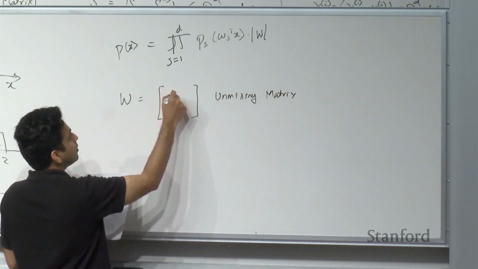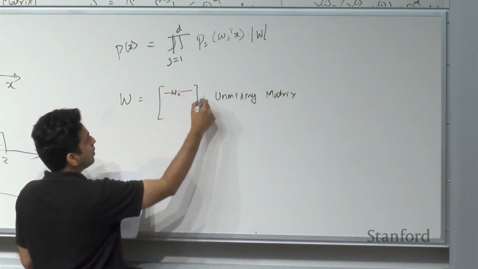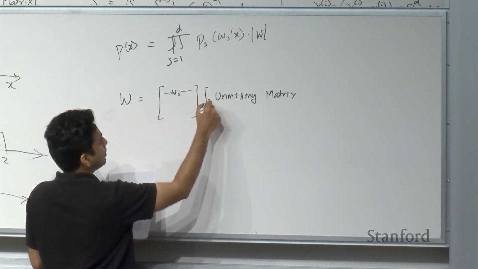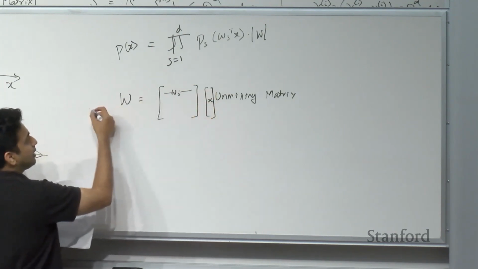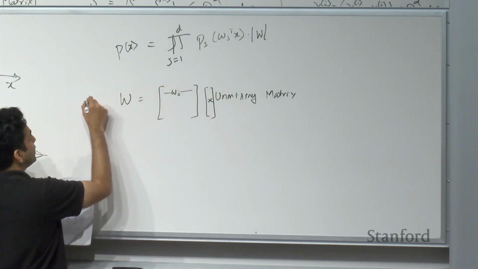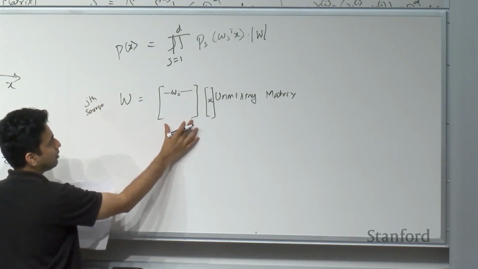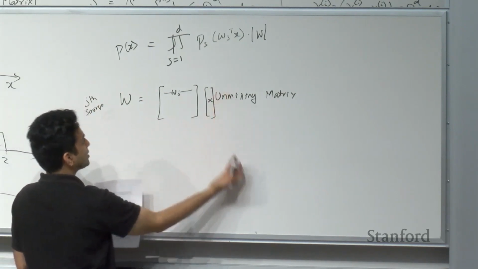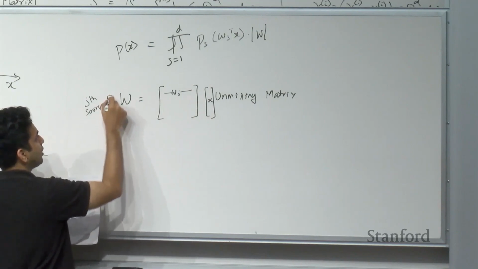where Wj times some x will get us back the jth source. Right? So Wj is the unmixing matrix. You give it this mixed x, you multiply it. Each Wj times x will give us Sj.